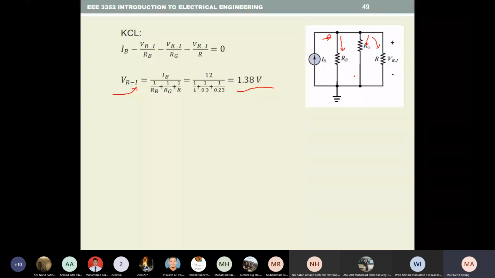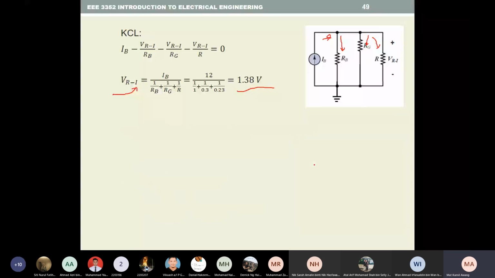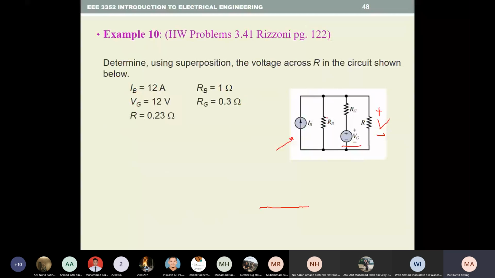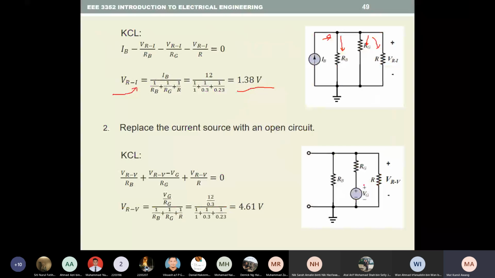What you need to do is turn off the current source, which basically means you replace it with an open circuit. So the original circuit is replaced by this circuit, and now you need to find the voltage VR with respect to the contribution from the voltage source.